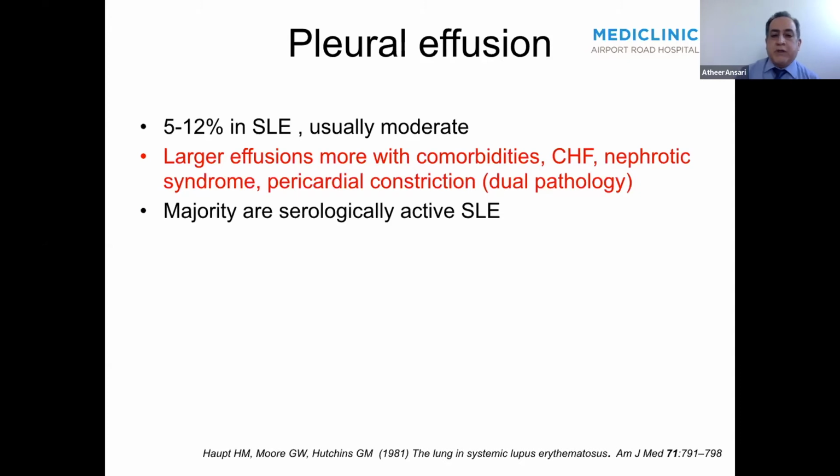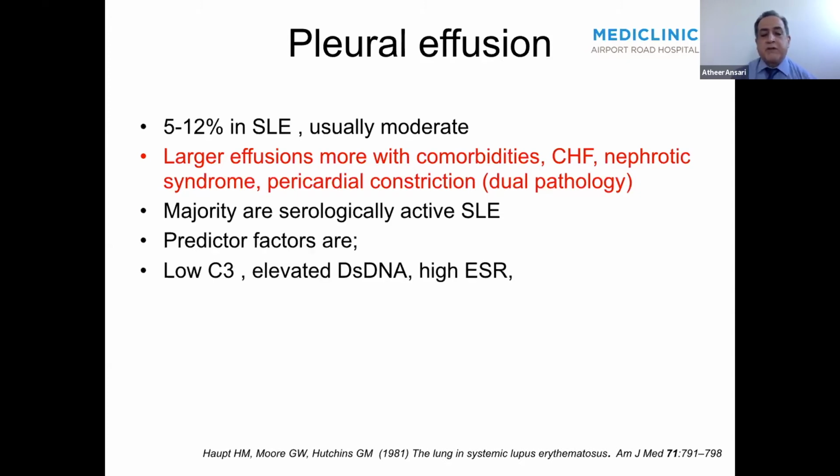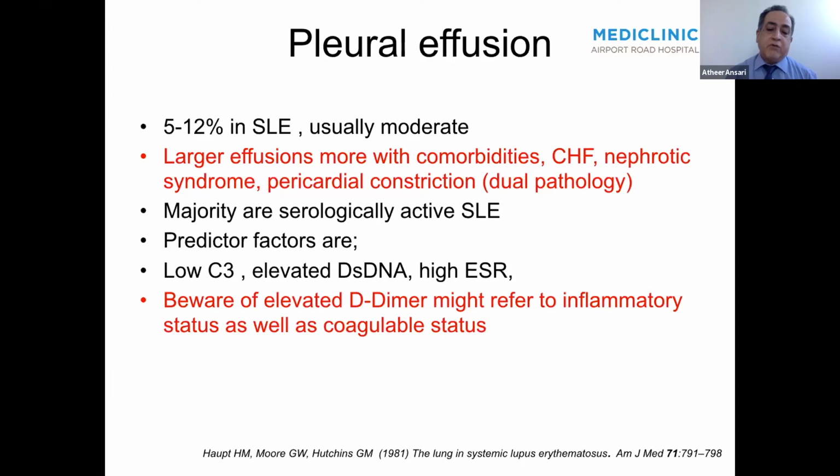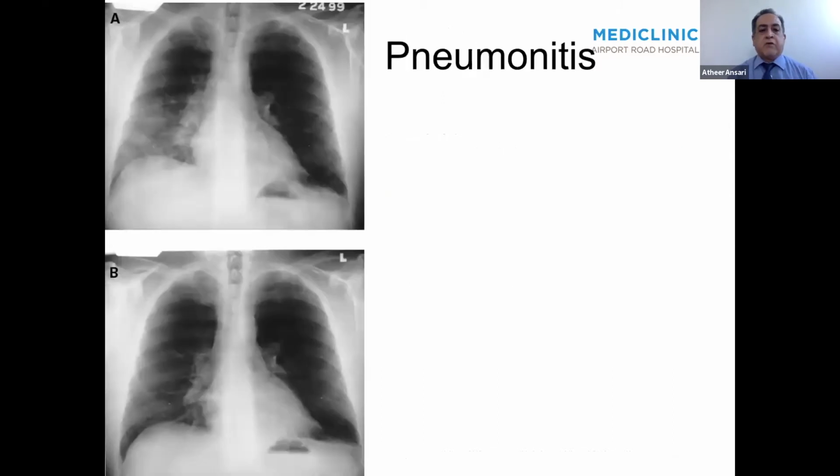Usually they are serologically active lupus. Predictor factors are mainly low C3, elevated dsDNA and high ESR. And always be aware of D-dimers. I'll talk about D-dimers later on, because people misuse D-dimers on many occasions and go down the wrong track of investigation and treatment.